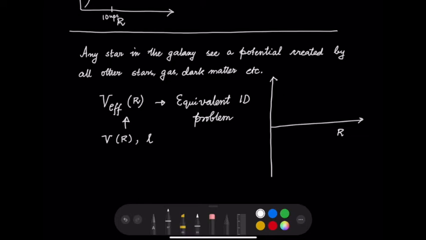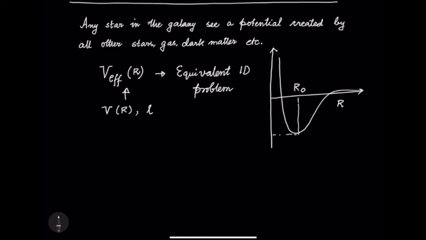The actual gravitational potential need not be 1 by r square. That will depend on the density distribution, right? So this may look something like this. I'm just drawing something, but it has a minimum, and say the minimum is at r equals r0. So what is the orbit that I expect about r equals r0?